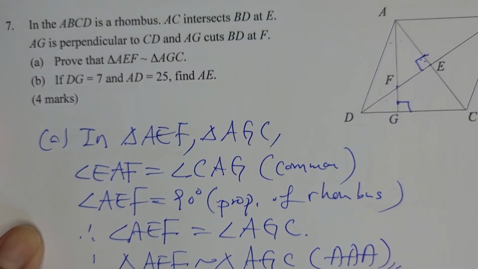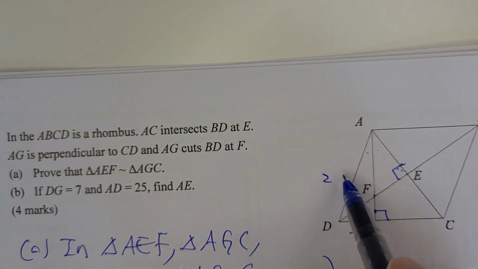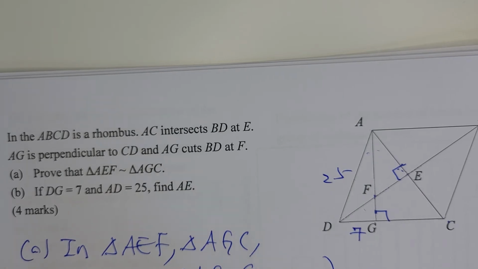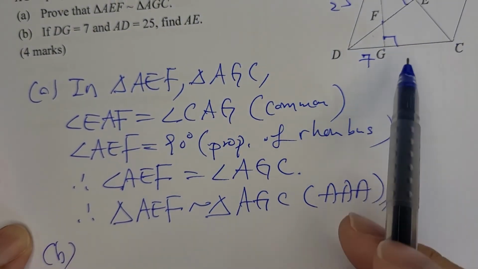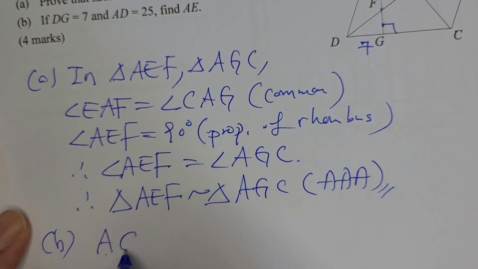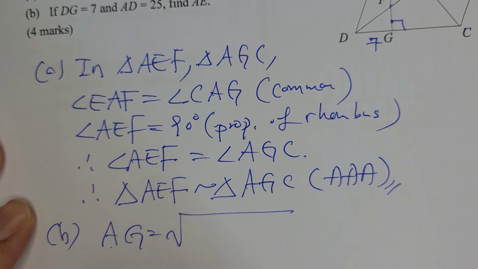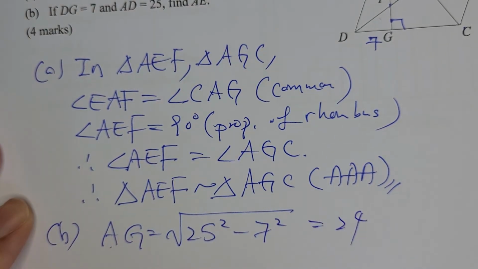And go to part B. BG is 7, AD is 25. Then you need to find AE. So, first of all, you can see the very obvious. You can find AG first. AG by using Pythagoras theorem, that is square root of 25 square minus 7 square, 24.